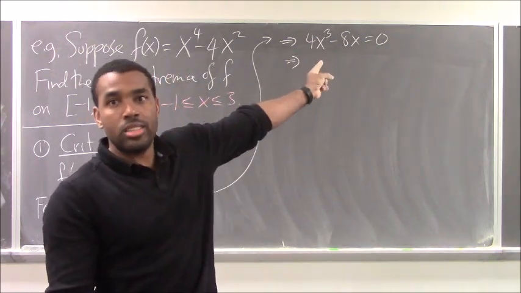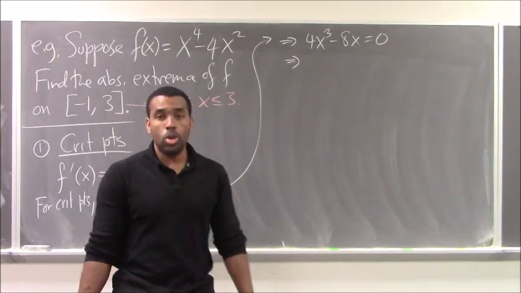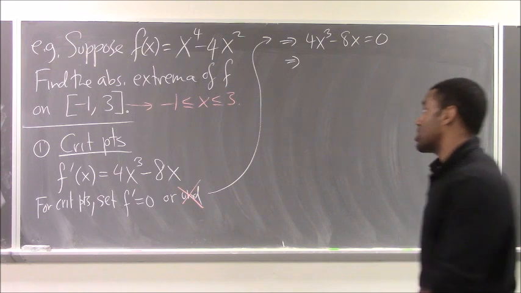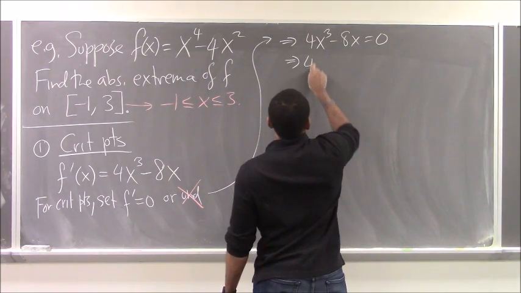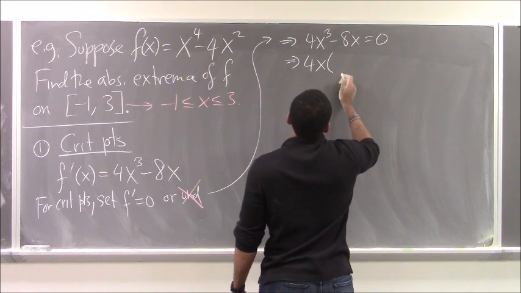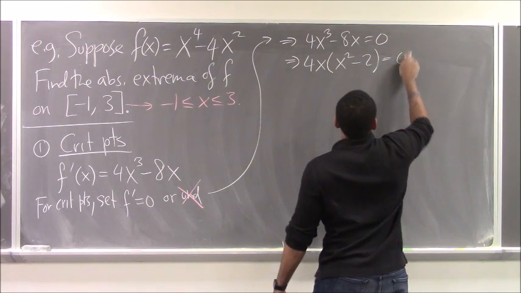Did you get the answers? Okay, so we know how to solve polynomial equations. Hopefully the goal is to factor the left side and set each factor equal to 0. The common factor here is 4x. That would leave us with x squared minus 2 equals 0.